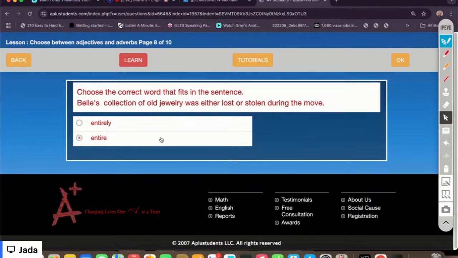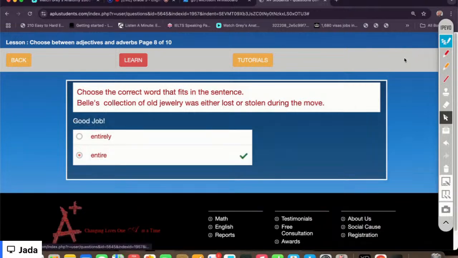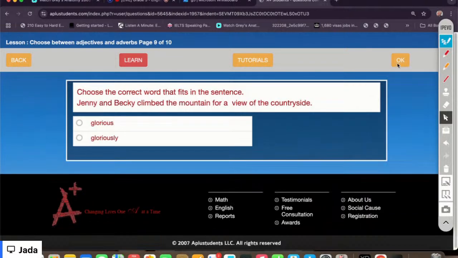So Belle's entire collection of old jewelry. Okay. All right. So we're moving on to the next lesson.